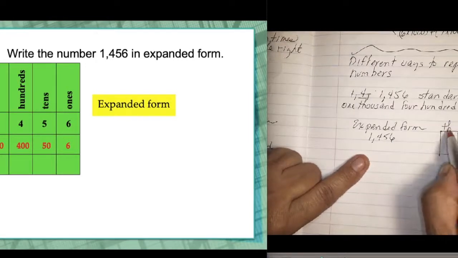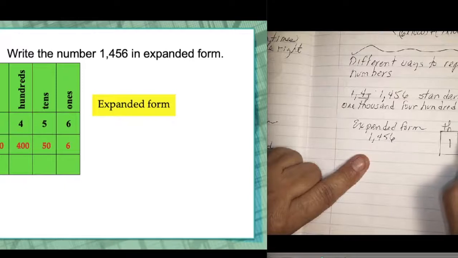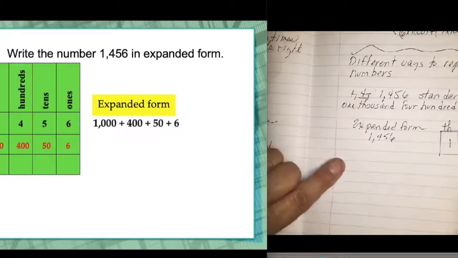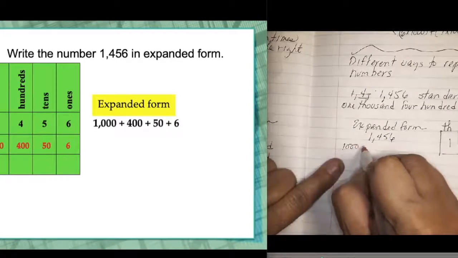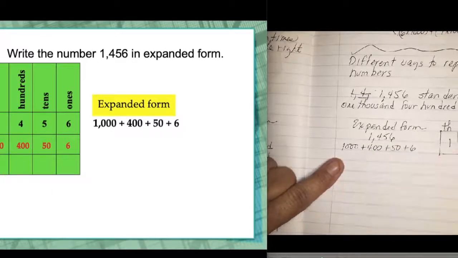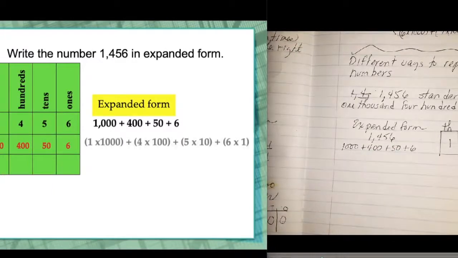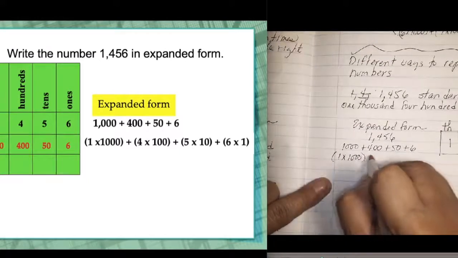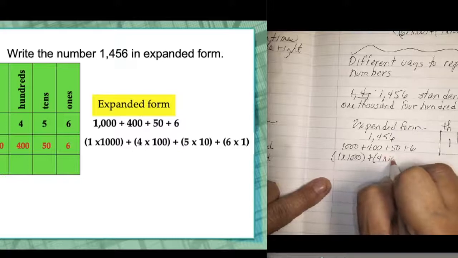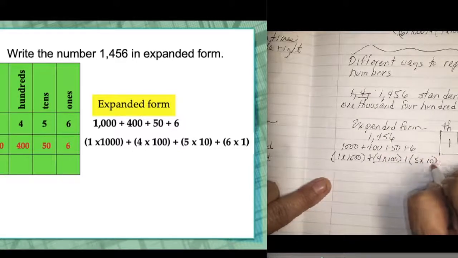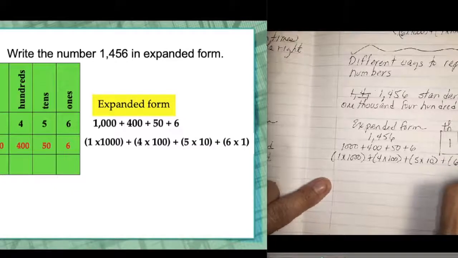So we have 1,000, 4 hundreds, 5 tens, and 6 ones. So my expanded form is going to be 1,000 plus 400 plus 50 plus 6. We continue. That's 1 times 1,000. We have 4 times 100 plus 5 times 10 plus 6 times 1.